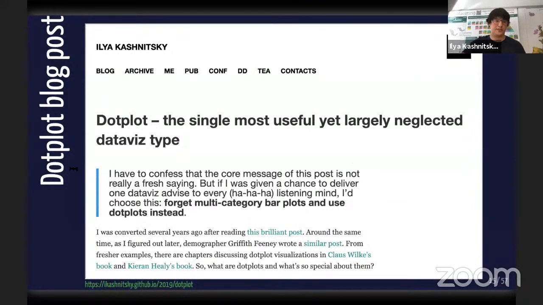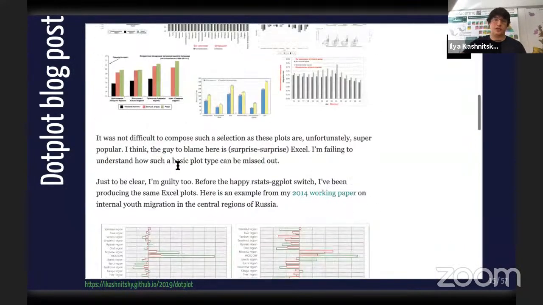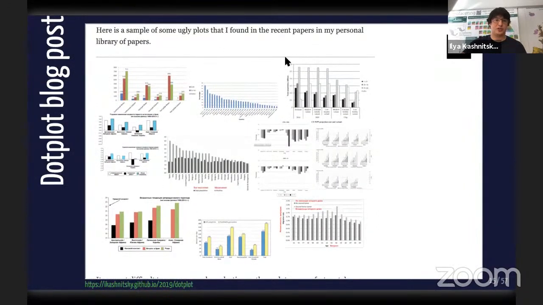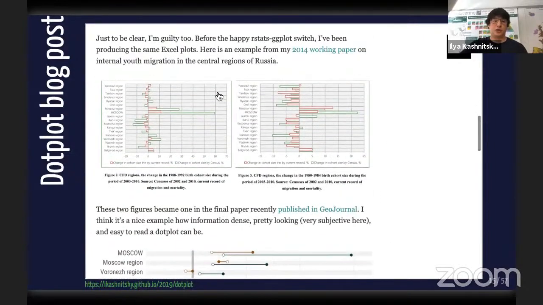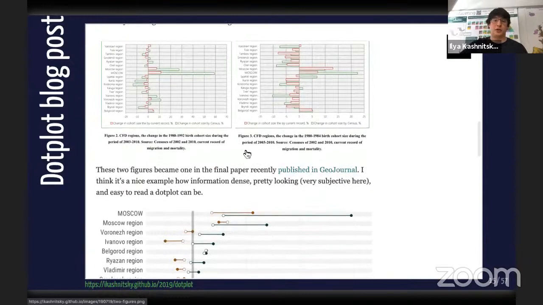So here is a blog post on dot plots with pretty much the same idea. Some examples of really difficult to read plots that I found in my subset of the literature. And these are the plots that I produced earlier at some point.